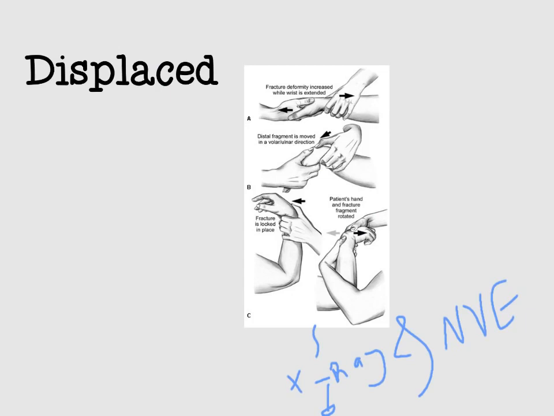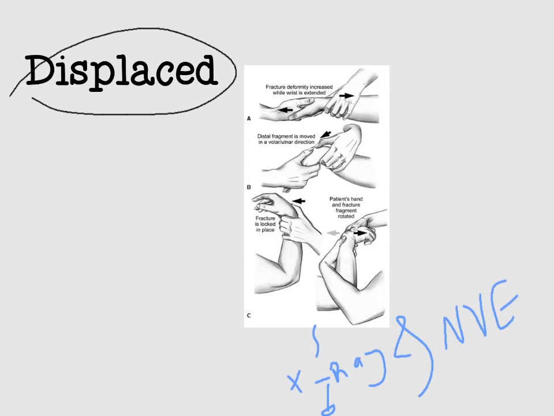In the case of displaced Colles, what we have to do is closed reduction under anesthesia, of course. This reduction is done in many steps.